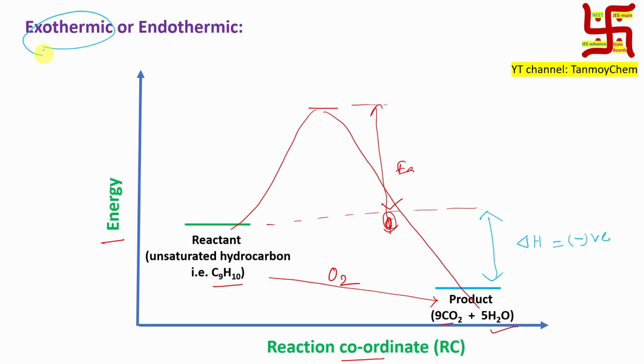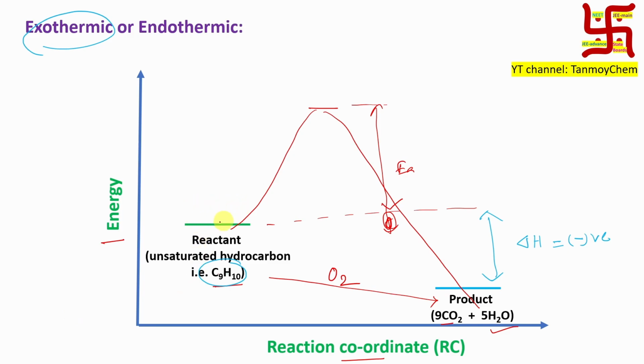So this is the discussion regarding whether it is exothermic or endothermic. Now a question: how can I compare? I told you everyone's formula is C9H10, although the structures are not the same, the final product is the same. So what is the difference here? The difference is the energy level of the reactants.